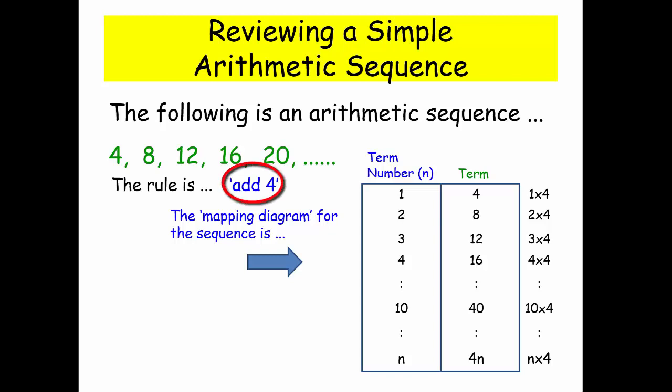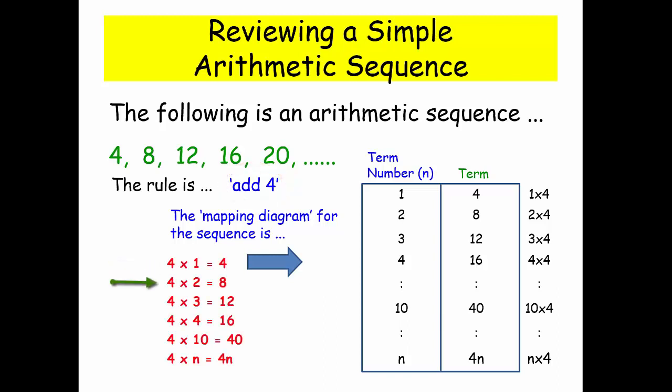I'm actually using the 4 times table. 4 times 1 is 4, 4 times 2 is 8, 4 times 10 is 40, and 4 times n is 4n. And so I've come up with a rule that if I want to work out the value of any term in this sequence, I take the term number n and multiply it by 4. Let's explore this idea a bit further.